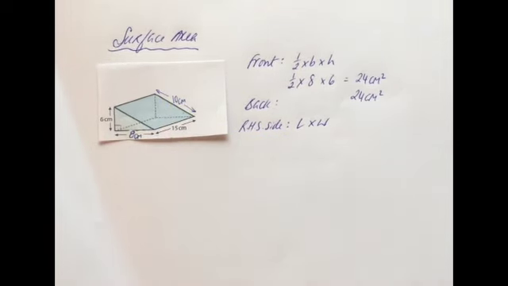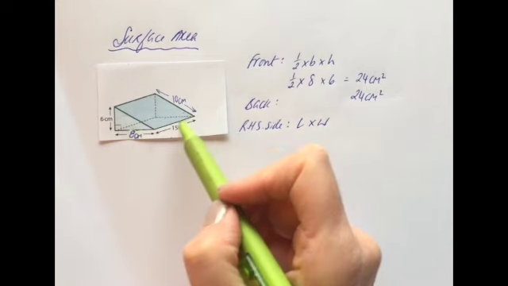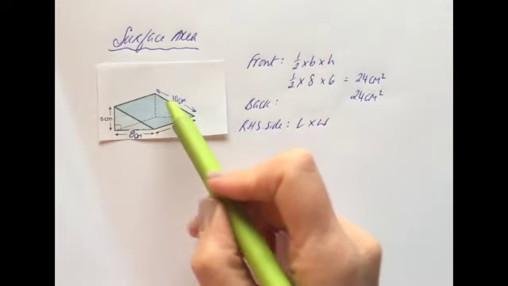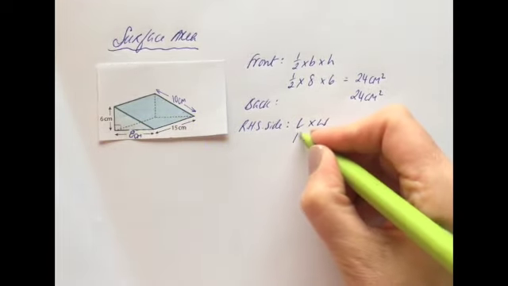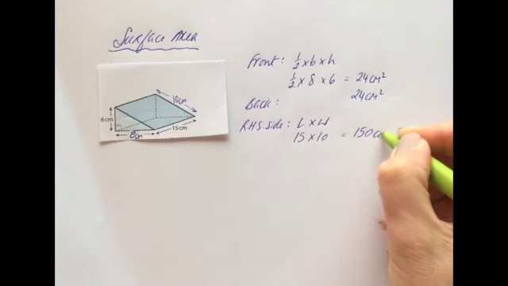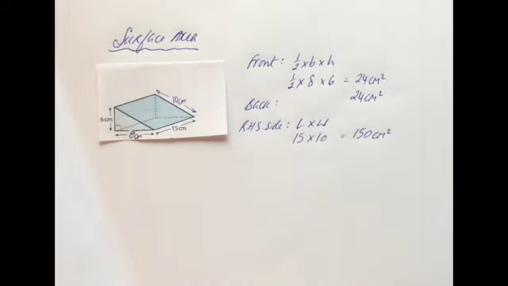Think of it as if it was just flat on the actual ground, or the table if you like. If it had just fallen down flat, that is the width of that rectangle. So we have 15 times 10, which is 150 centimeters squared.